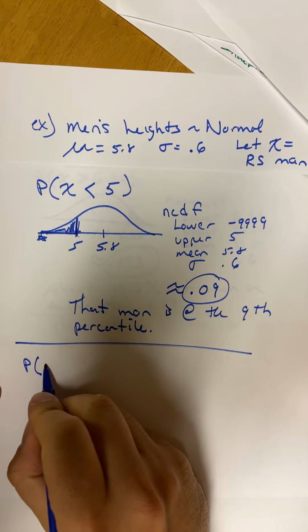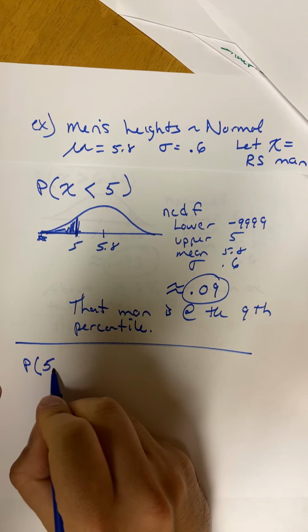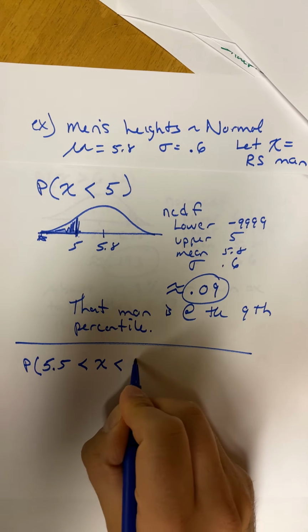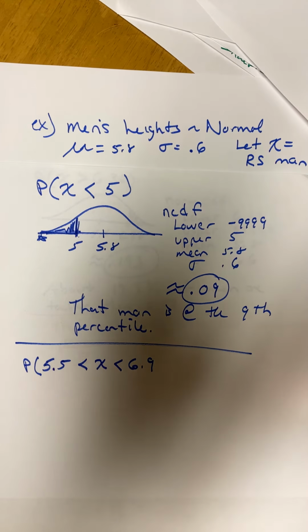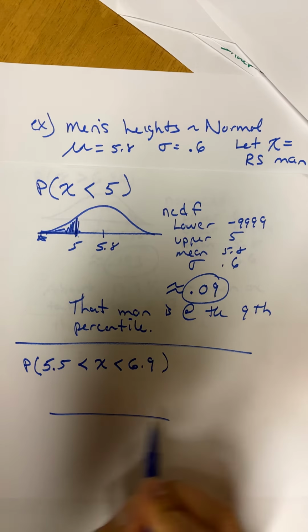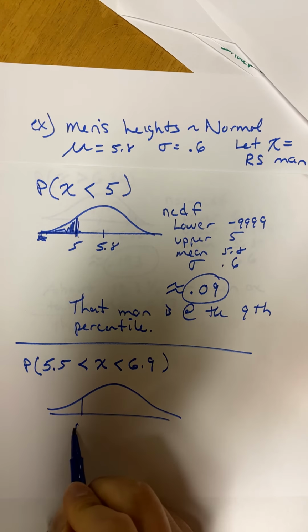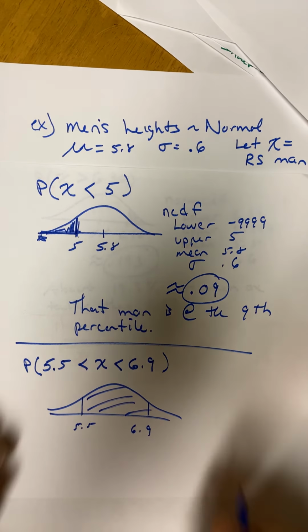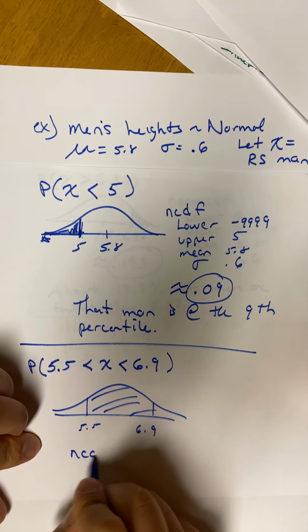So if I said the probability 5.5, this one, now I want a range. I want between 5.5 and 6.9. So that's going to be normal CDF.